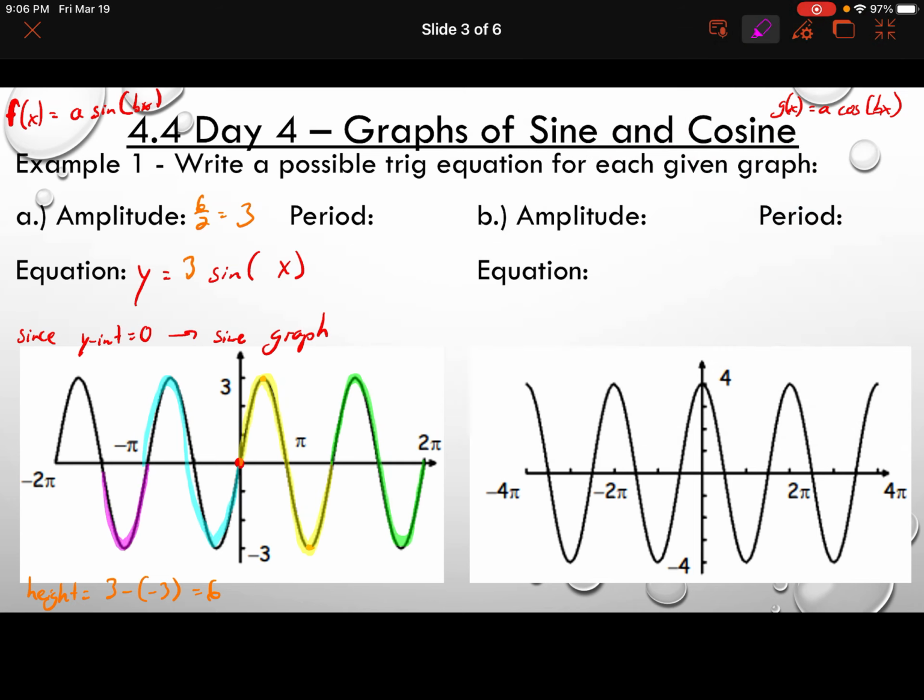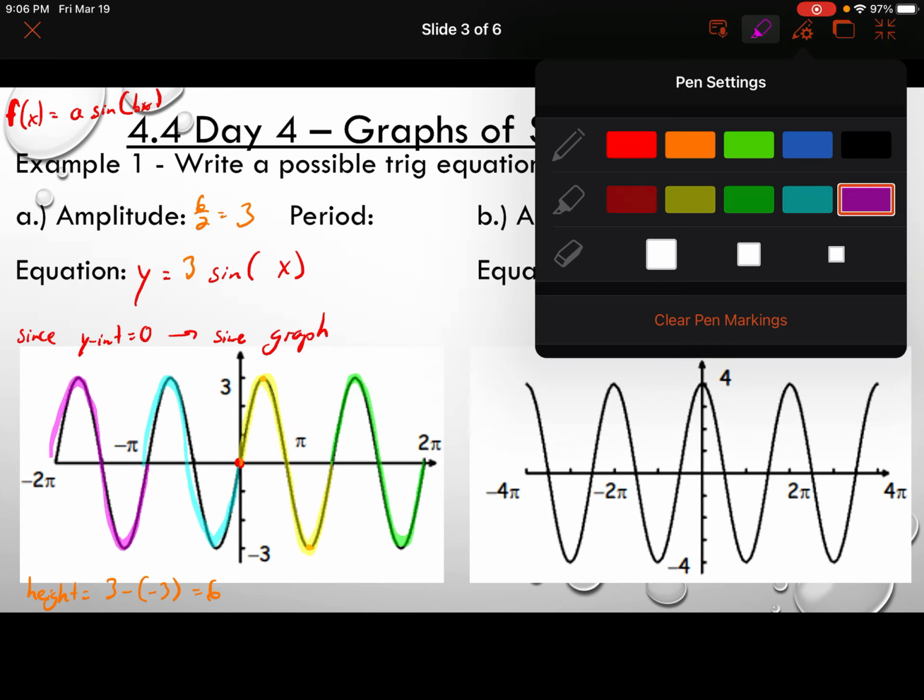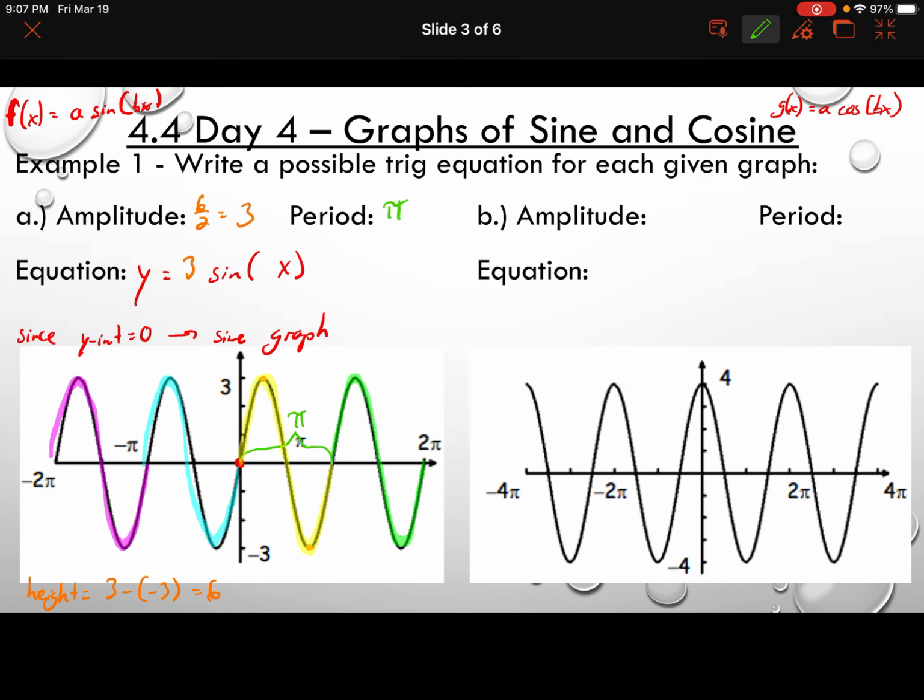Each cycle has to be exactly the same; that's how you know it's one period. Remember, it's the horizontal distance, so you're looking at the x-axis. From here to here, it took us pi. So our period is pi, or 1 pi.